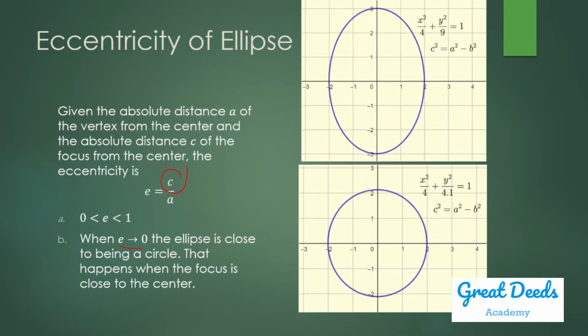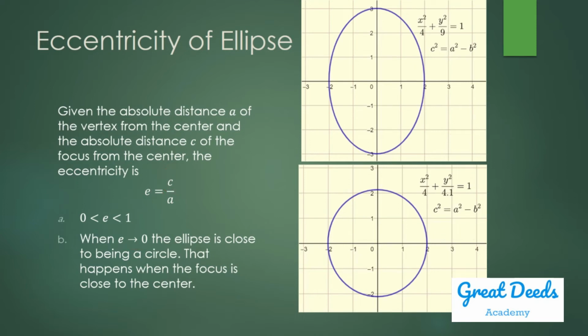And you know what sort of set of points is equidistant from the center. You know that to be the circle. And so here, the eccentricity of this ellipse is going to be greater than the eccentricity of this ellipse. This one is close to 0.